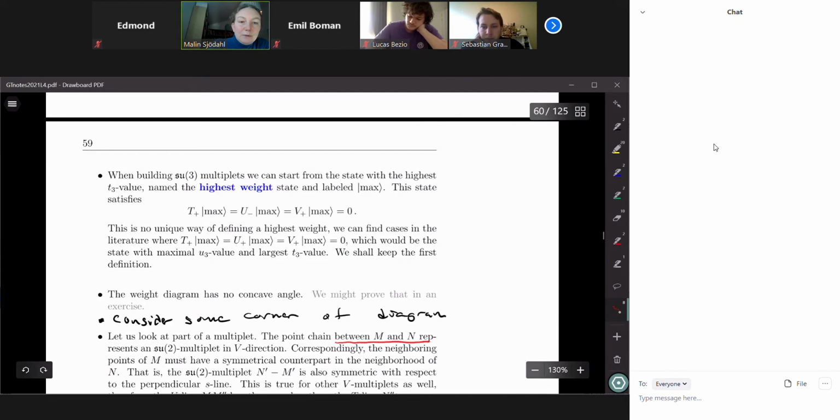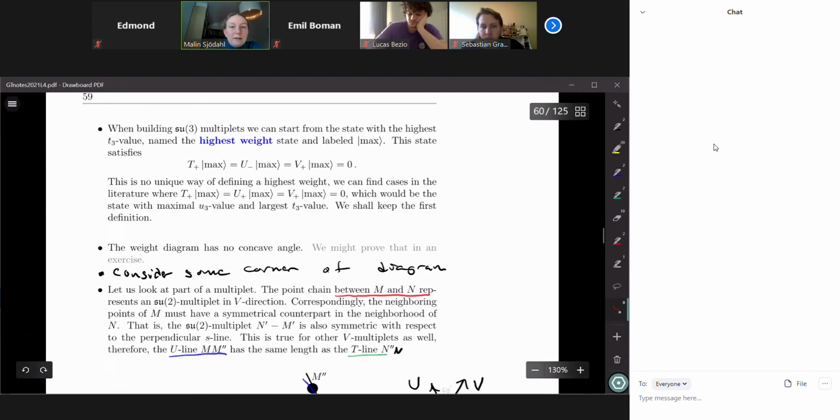So actually we define the highest weight state to have the property that if we act on it with T plus, we get 0. If we act on it with U minus, we get 0. And if we act with V plus on it, we also get 0. So it's the state most in that direction. But one could have had other definitions.